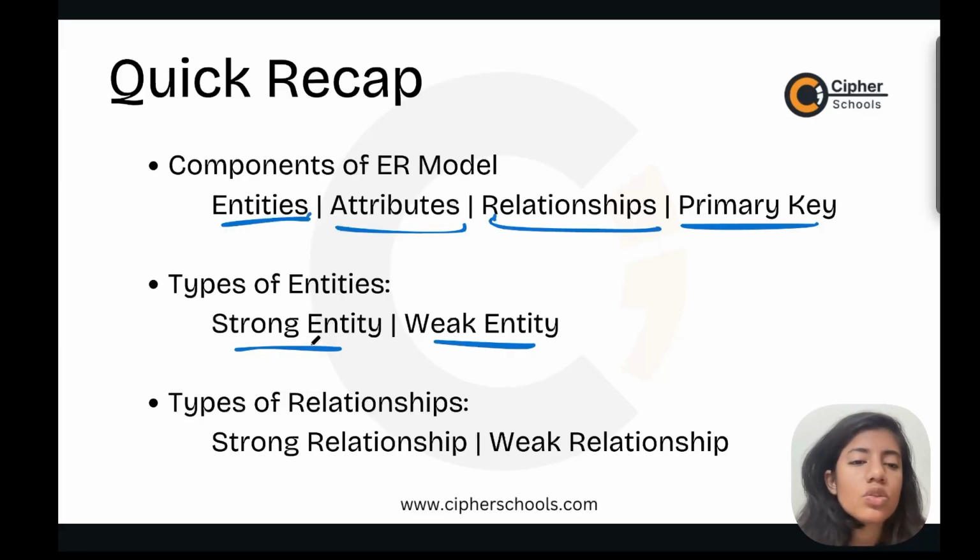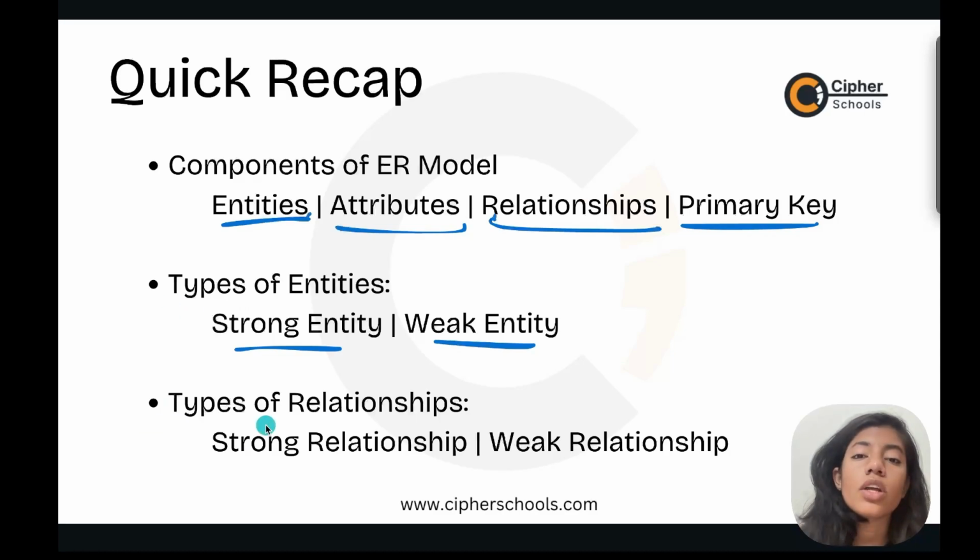But if the loan is not there, there is no significance of payment. Like what are you paying for if the loan is not there? So here loan is a strong entity which was existing by its own, and payment is a weak entity which depends on loan for its existence.